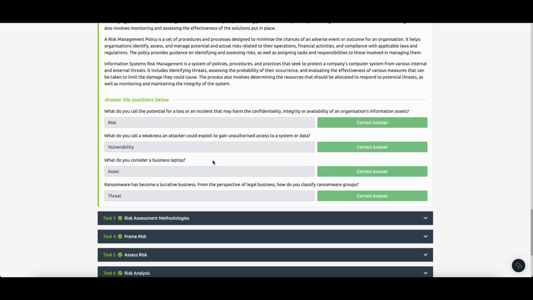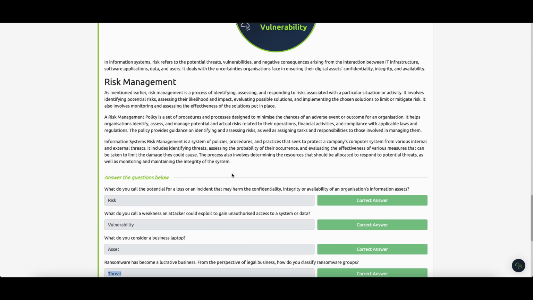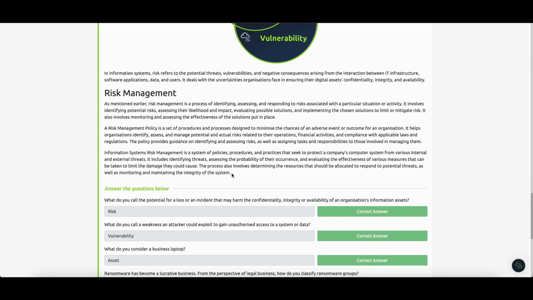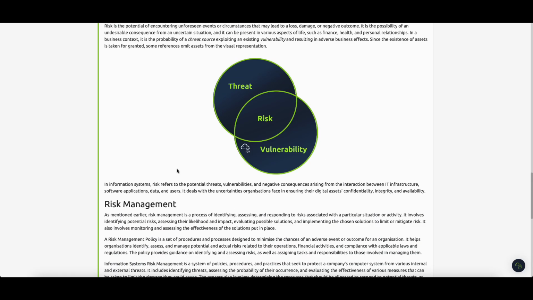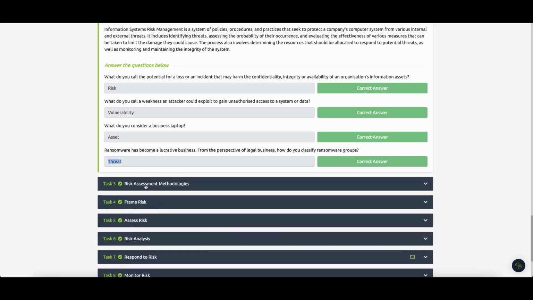And task 2, here we have some other questions. Answers are risk, vulnerability, asset, and threat. Again, you can easily understand the reasons why the answers are like that after you read these paragraphs.